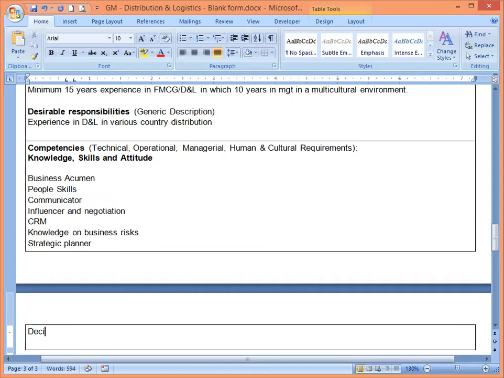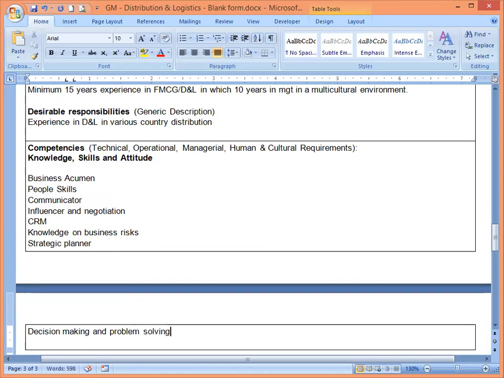Very important for the guy who has decision making competency. And problem solving. He should be good in terms of doing analysis.